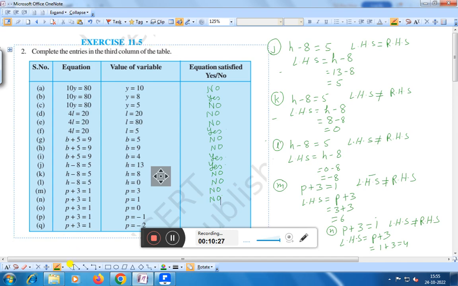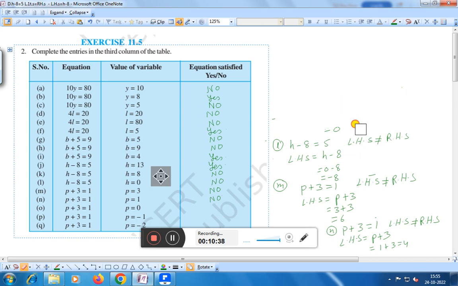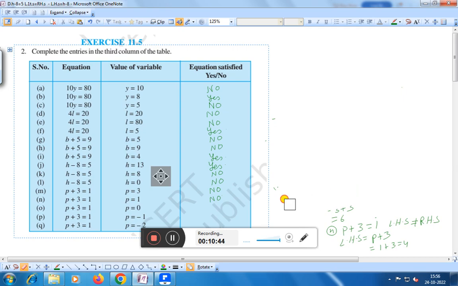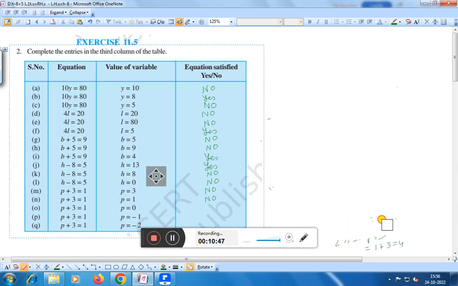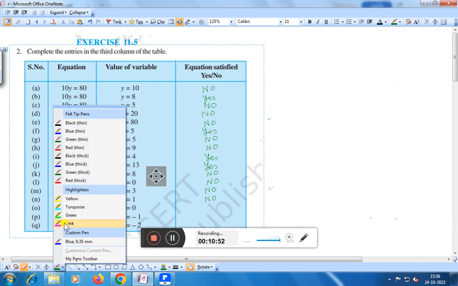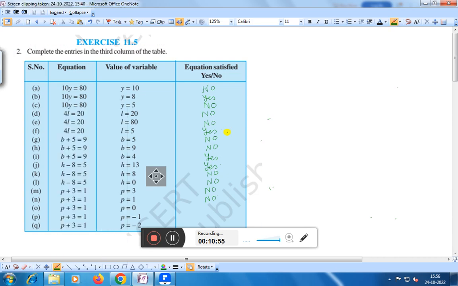Next, we will solve question numbers O, P and Q. Question number O is p plus 3 equal to 1.